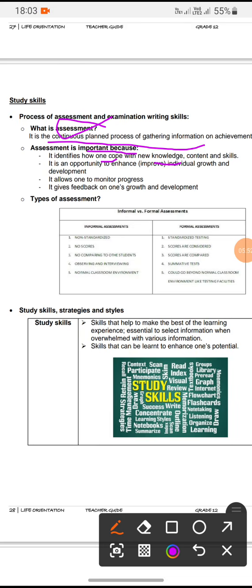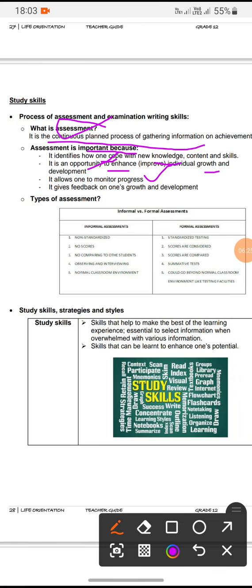It is an opportunity to enhance or improve one's growth and development. It allows one to monitor progress, to know how you worked. Let's say they give you a maths test today and you get 45 out of 50, then the next one you get 48, the other one you get 50 out of 50.